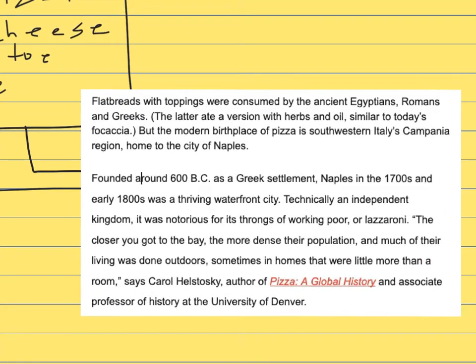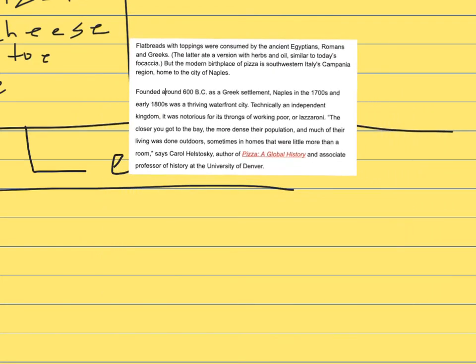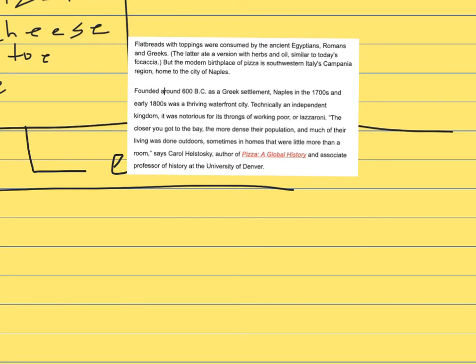So, flatbreads with toppings were consumed by the ancient Egyptians, Romans, and Greeks. The latter ate a version with herbs and oil, similar to today's focaccia. But the modern birthplace of pizza is southwestern Italy's Campania region, home to the city of Naples. So first off, if we want to just stop here, I think this would be an important thing to write down, something that maybe we didn't ask a question about, but it's nice to know where pizza is actually from.